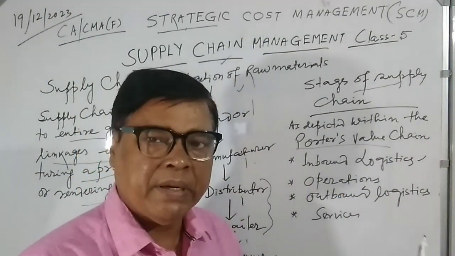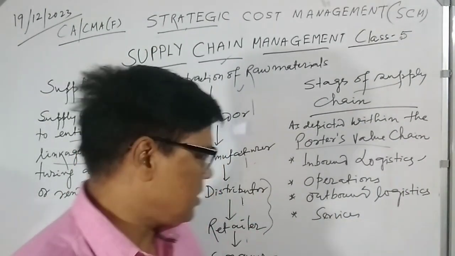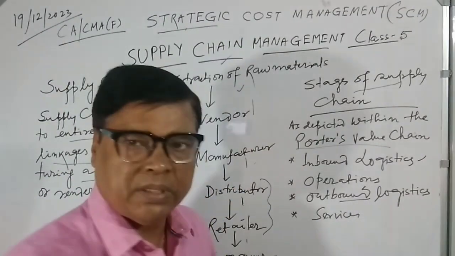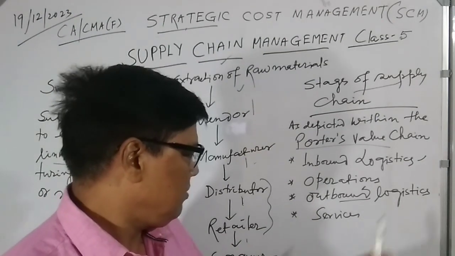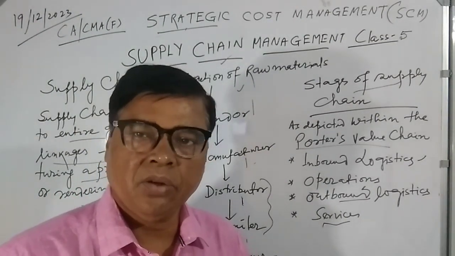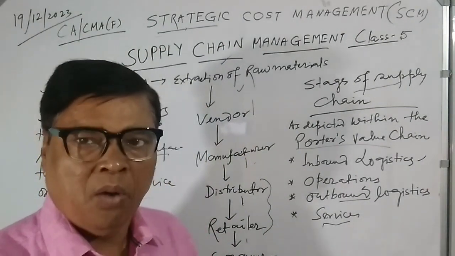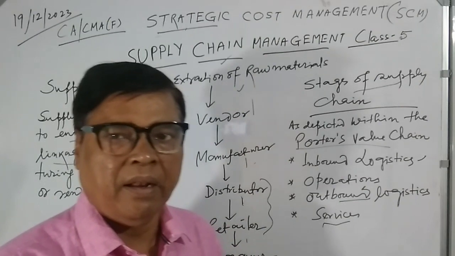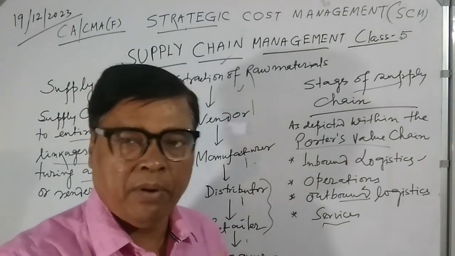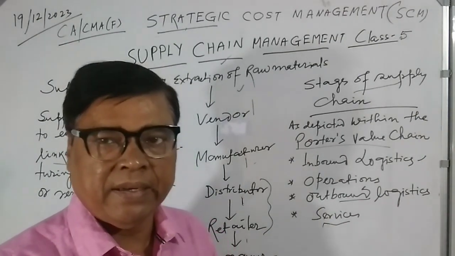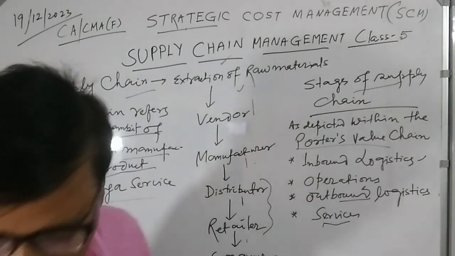You have to procure the material and store it. Then operations, manufacturing processes. Outbound logistics, your godown, distributor, retailer channel, and services, that is after-sale services. Once you have sold the material, your duty as a supplier is not over, because these are lifelong relations. What we technically call a strategic partnership. So this is the basics of these things.